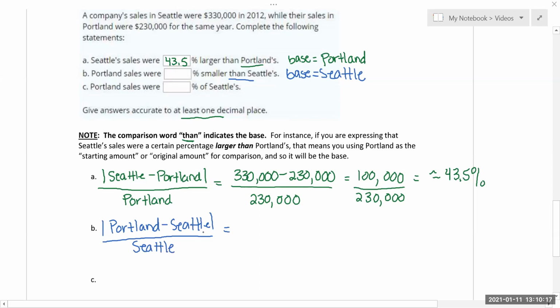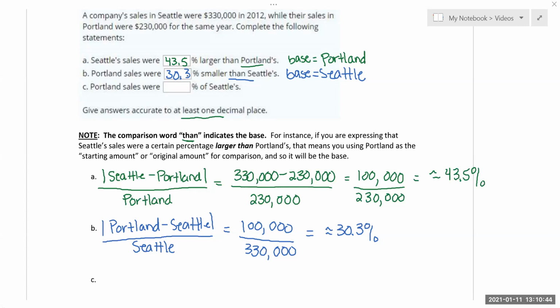The top part doesn't matter how I flip it. There's a difference of $100,000 here, and you take the absolute value. The difference is now over the base. So this new fraction is about 30.3%. That sounds a little better if you're Portland. Hold on, we're only 30% smaller than Seattle, versus Seattle saying we're 43% larger than Portland. So that base really makes a difference.